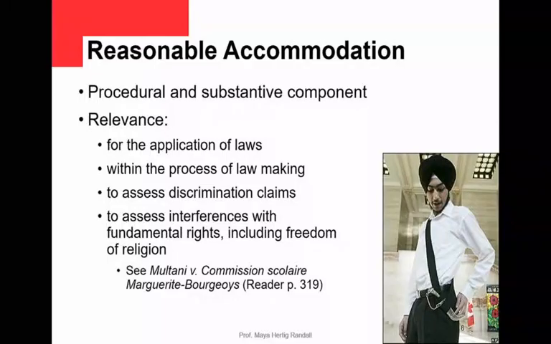But you can also, and the Canadian Supreme Court said so, factor it in already in the lawmaking process. So ideally, if you make a law, you should think, well, what will be the impact on different groups in society, and already consider that. This has the advantage that if the law already takes this into account, you have less of the criticism which people very easily make, to say, see, the law doesn't apply to everyone.